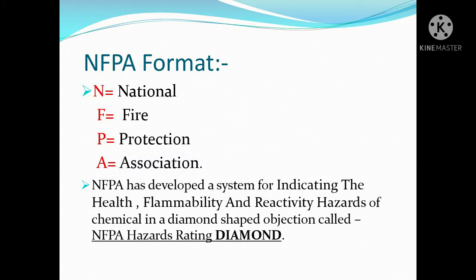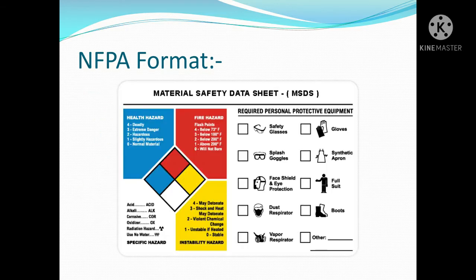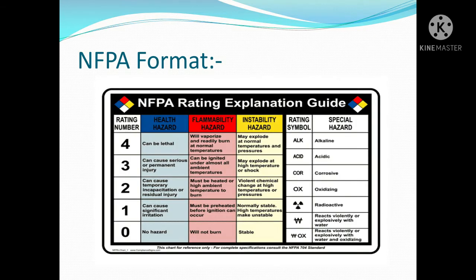Now, NFPA format. NFPA stands for National Fire Protection Association. The National Fire Protection Association has developed a system for indicating the health, flammability, and reactivity hazard of chemicals in a diamond-shaped object called the NFPA hazard rating diamond.